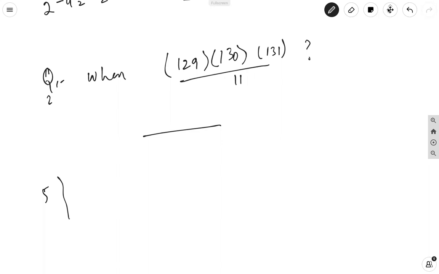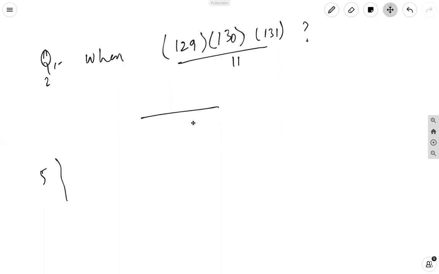Okay. Anyone still solving or shall I solve now? What is the answer? 9? 9. Okay. So we have 5 and 9. Any other answer?